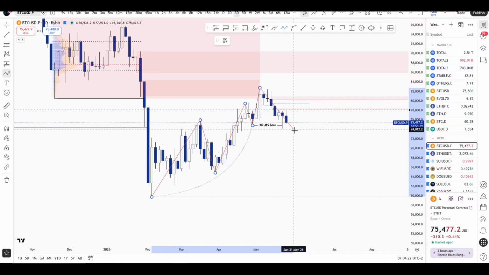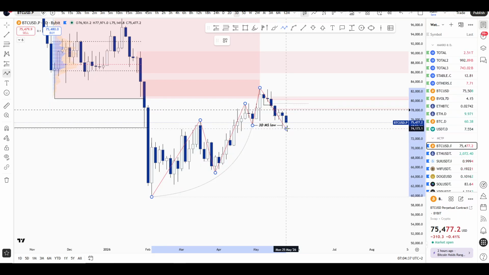So on this specific time frame, as for now, this is an SFP. If the second candle closes below, this would mean a 3-day market structure break.